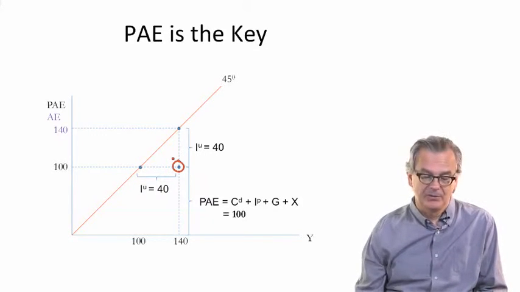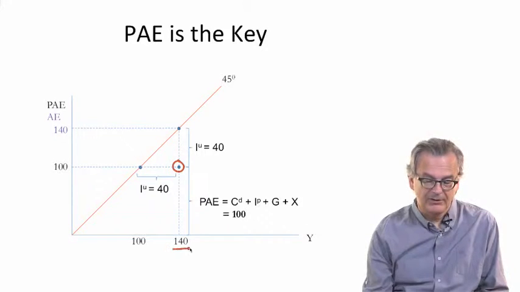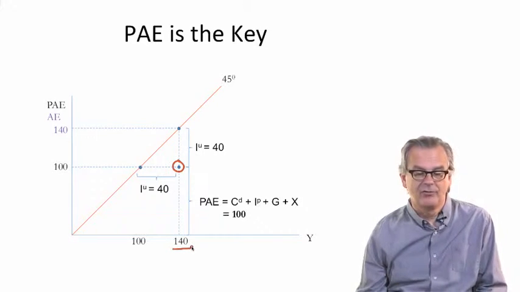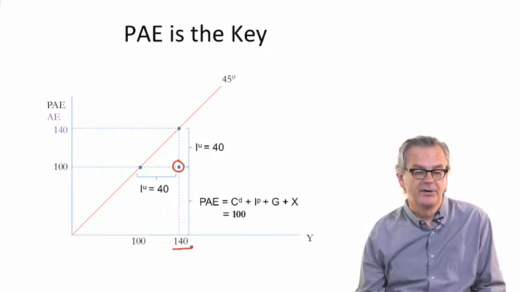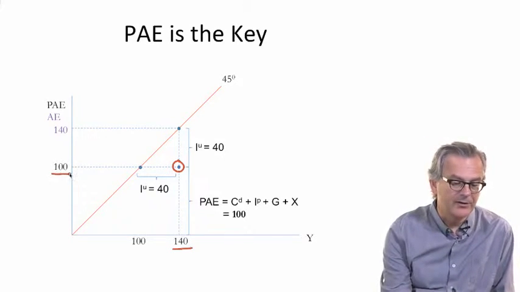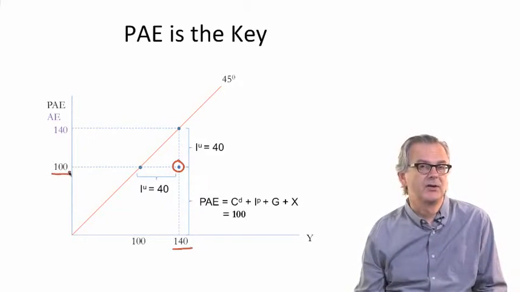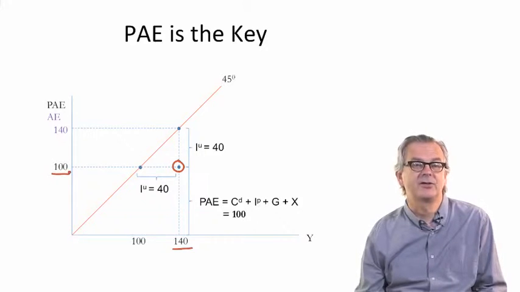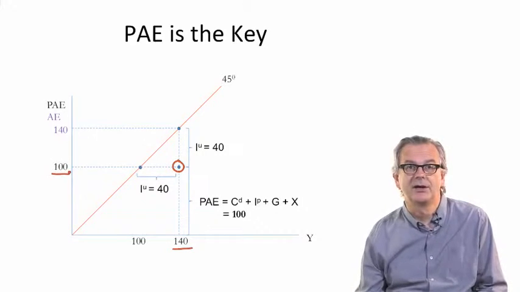What is happening at this point is the economy is producing 140 units of output at a time where the planned aggregate expenditure in the economy is only 100 units of output. So we have a violation of our equilibrium condition. We are not dealing with a situation where planned aggregate expenditure and GDP are equal.